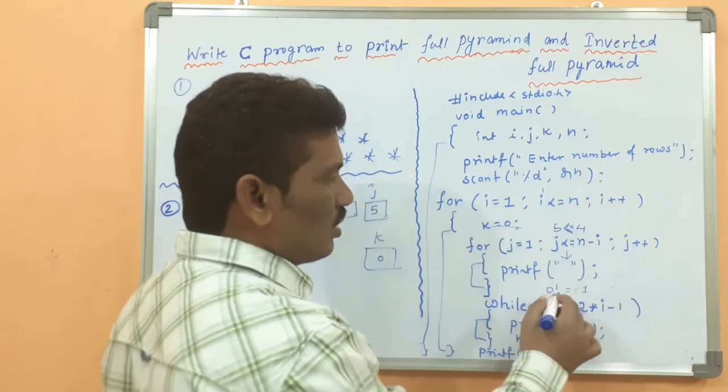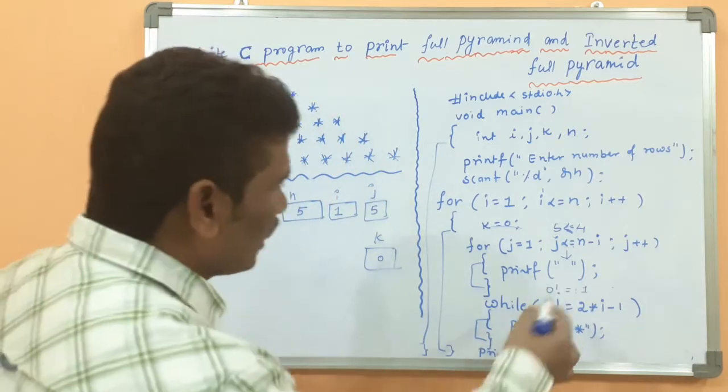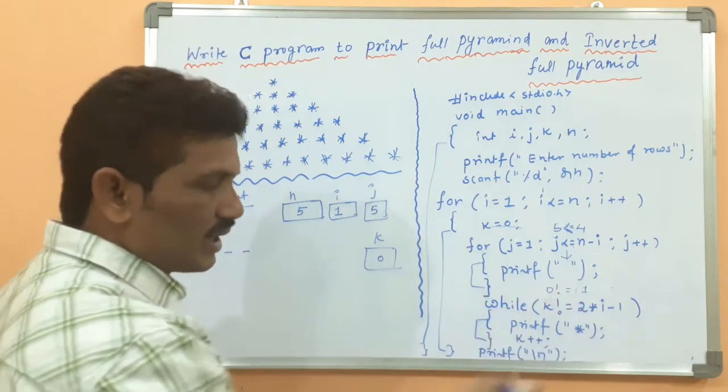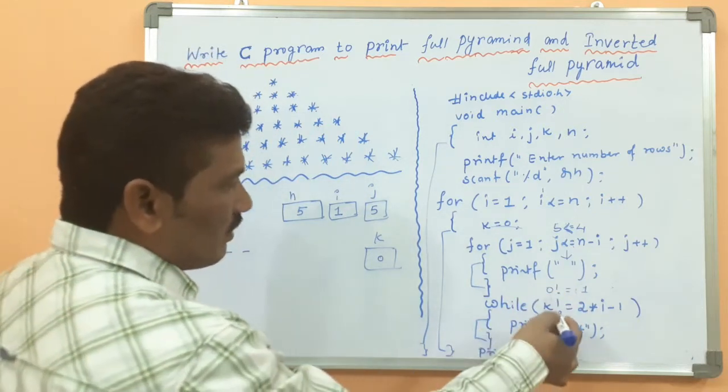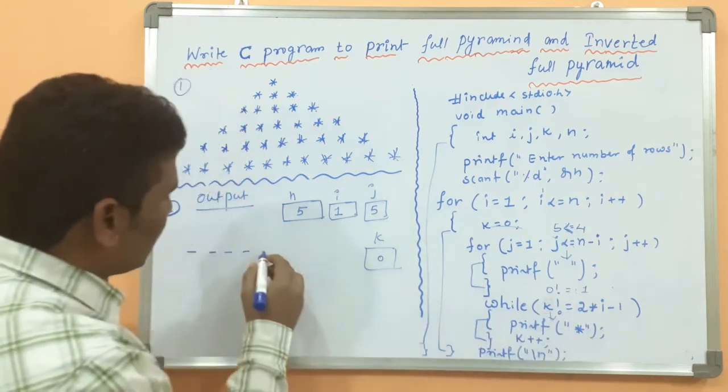Because 0 not equal to 1, is the condition true or false? The condition is true. Then when the condition becomes true, the control comes here. Then a star should be printed.